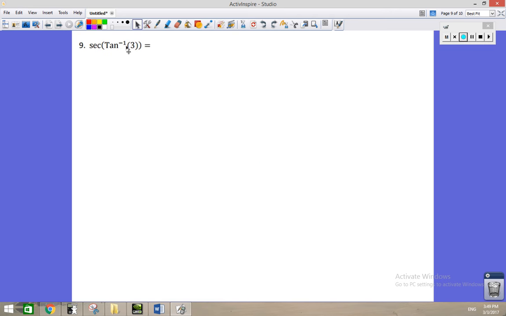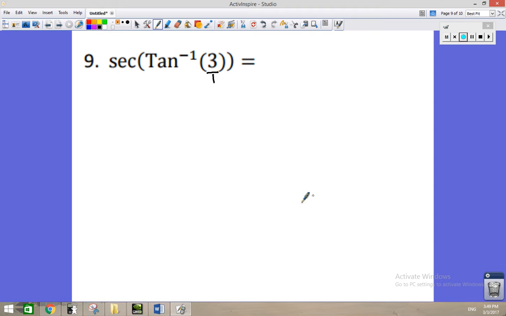Inverse tangent, let's make this 3 as 3 over 1. We could make it any ratio that simplifies to 3, I could say 9 divided by 3 or crazy numbers, but 3 over 1 is the easiest. Inverse tangent, think quadrants 1 and 4 since it's positive, up in quadrant 1.